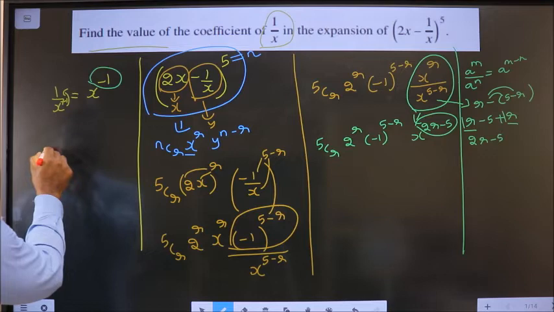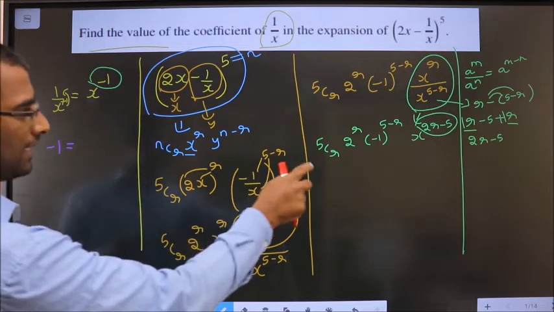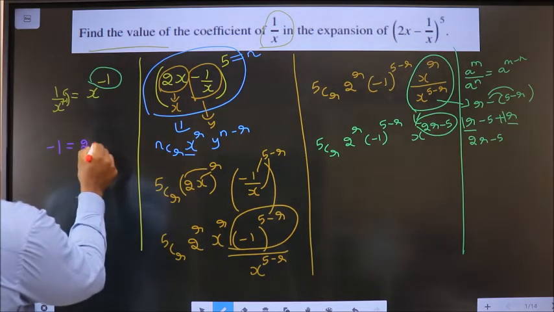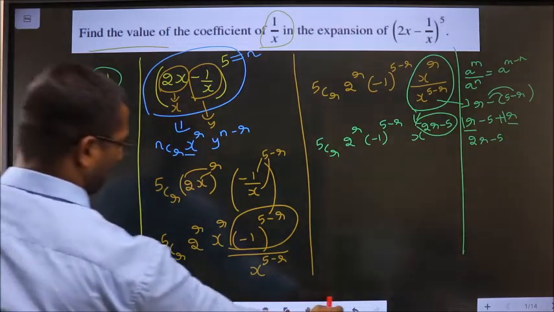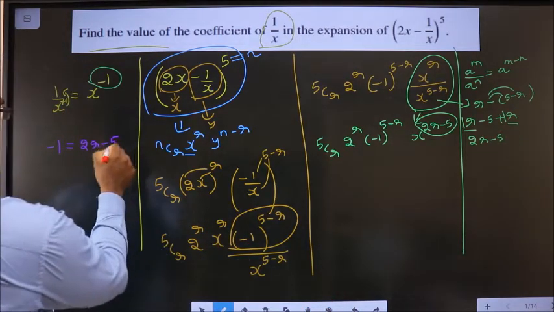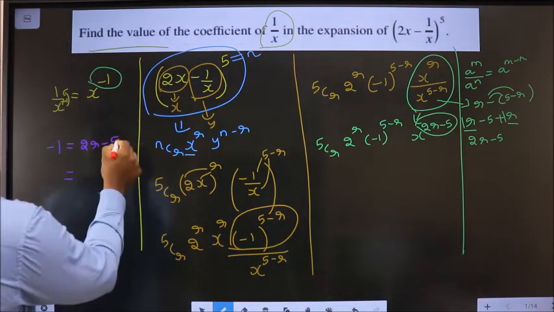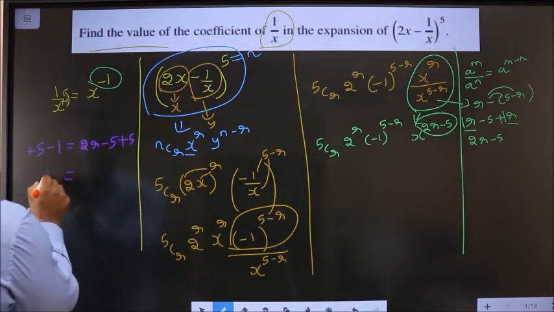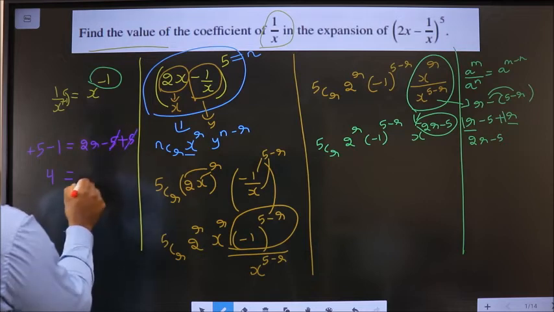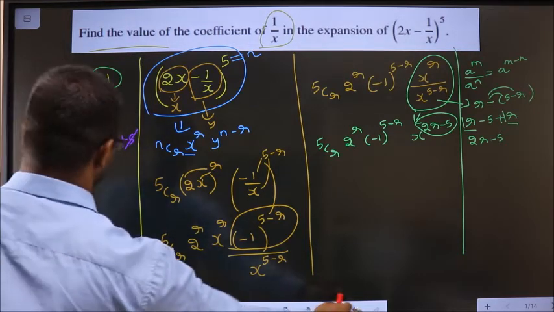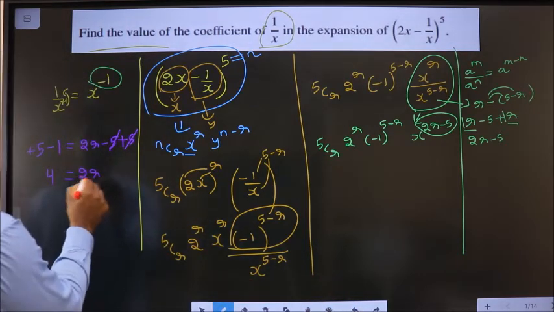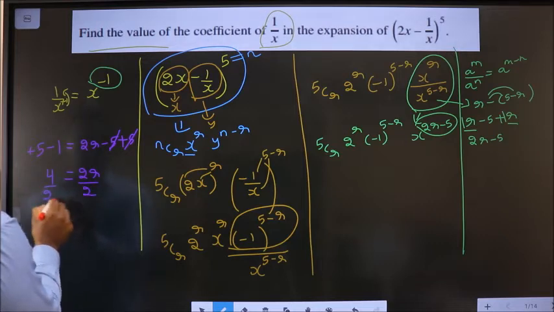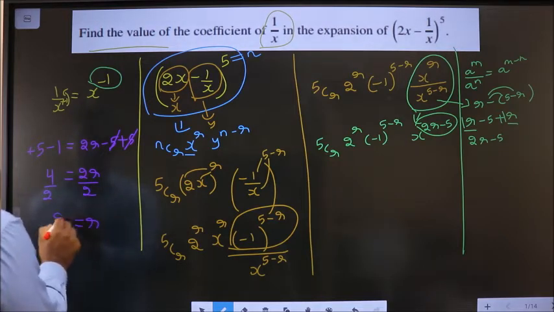So here x power is minus 1 and there x power is 2r minus 5. Now to get r, add 5 first. So here you get 4 and here it's 2r. Now to get r, divide by 2. So r you get to be 2.